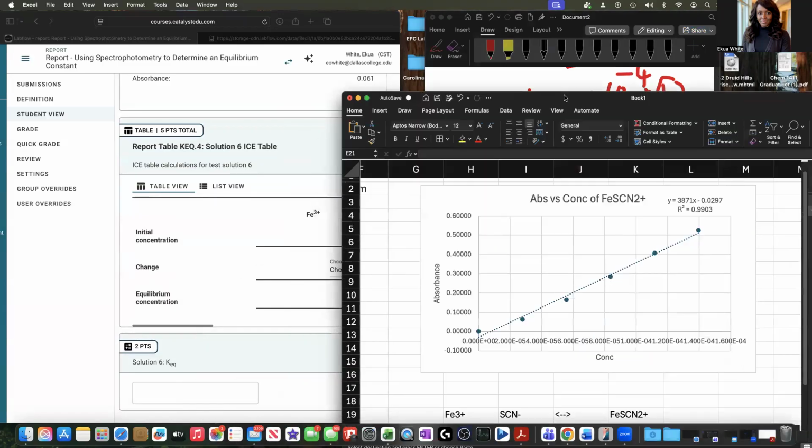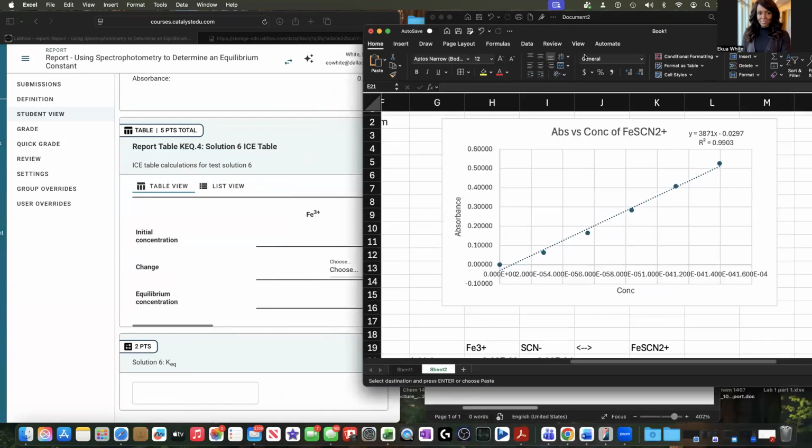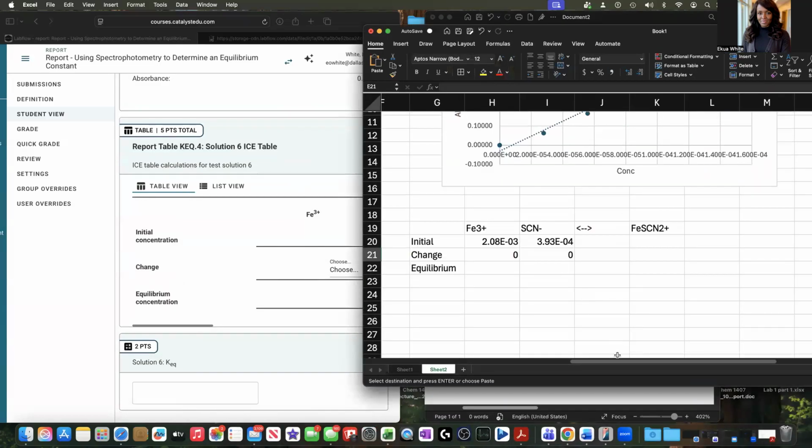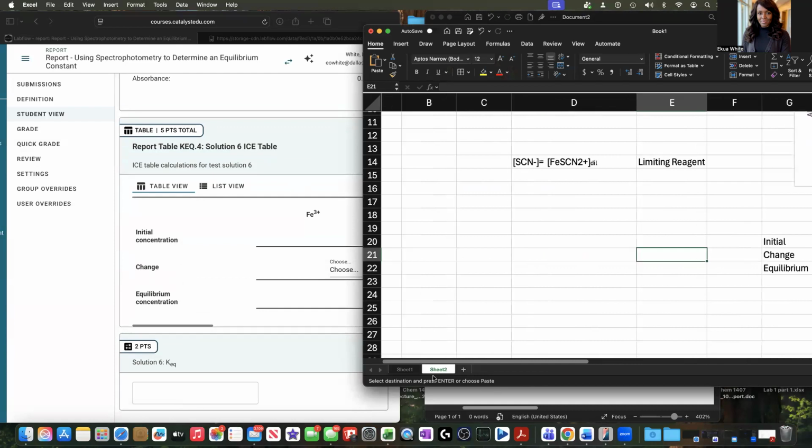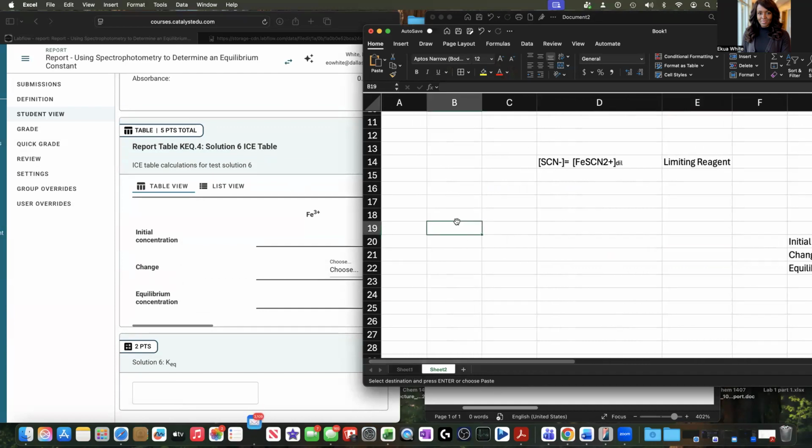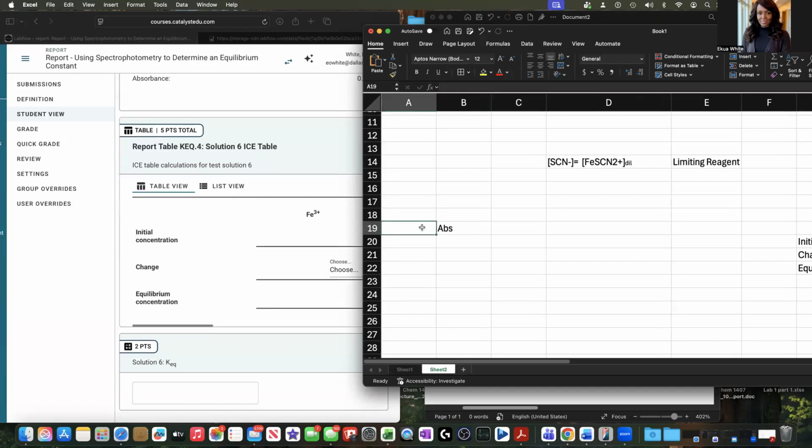Oh, we have the absorbances. On the left, I have to have absorbance, so I'm going to put the absorbance here. The absorbance should help us find the concentration, through the constant, maybe?